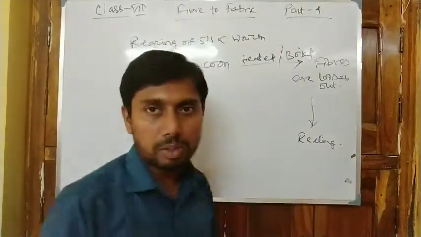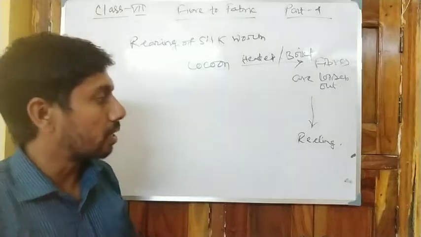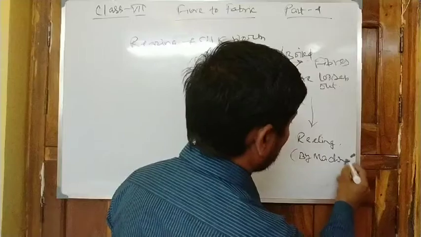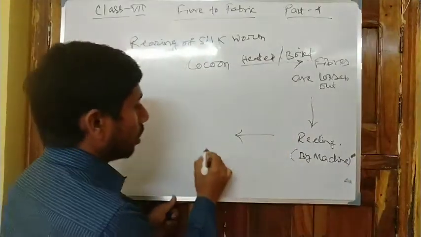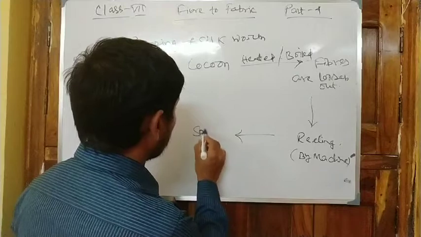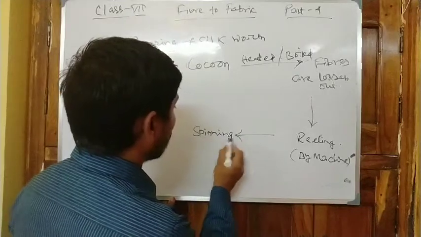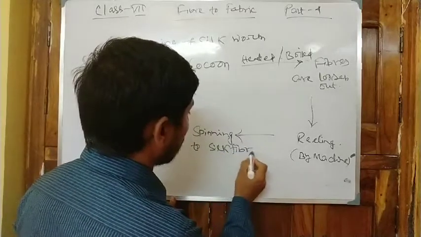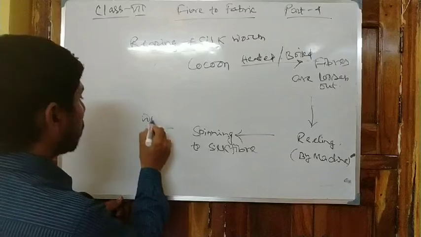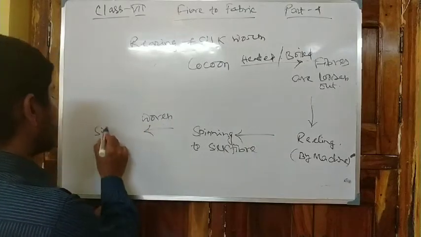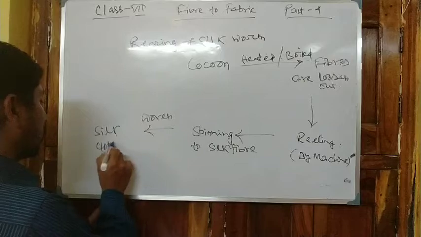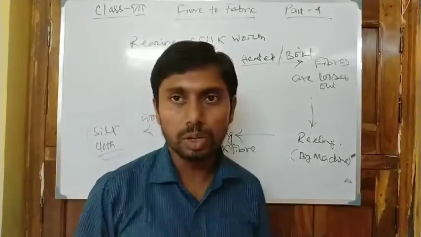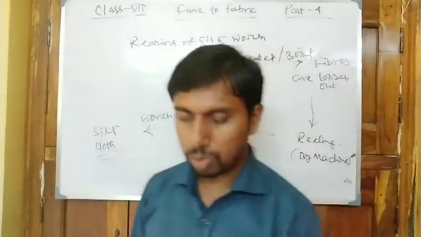That means the fibers which are getting out are collected and reeled by a machine, and then spun into silk fibers, and then woven to make silk cloth. So this is from cocoon to silk, the complete cycle of cocoon to silk.